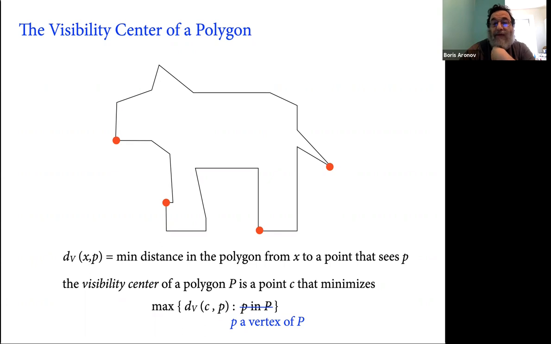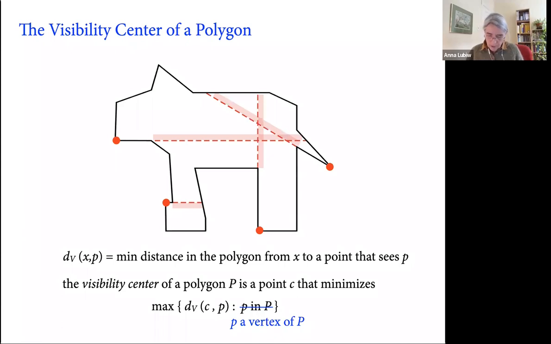So it's not like you have a pre-specified set of points that you need to see. No, so I'm going to consider the version also where we have a pre-specified set of points. But at the moment, I'm just imagining we want to be able to see any point of the polygon. And for that, I'm saying that it's in fact discrete. It's just the vertices that we want to see to define the center. Yeah.